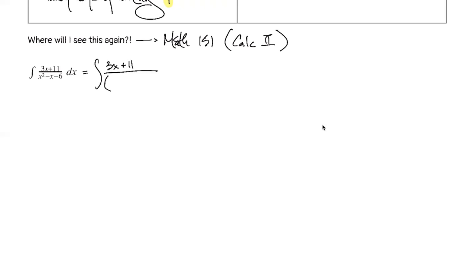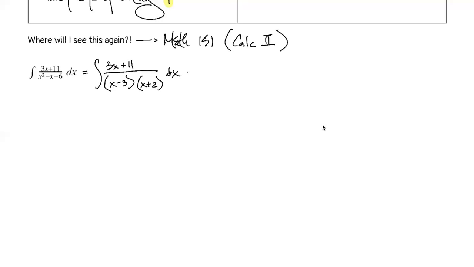So x squared minus x minus 6, yeah, I could factor that into x minus 3 times x plus 2 dx. So already I'm seeing that even in a higher level math class, that idea of factoring is so, so important. Because if I don't know how to factor, I can't do this first.